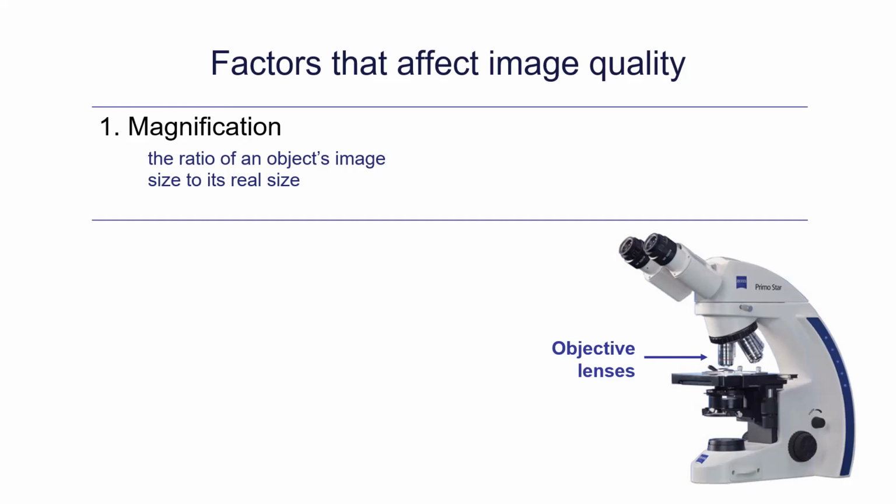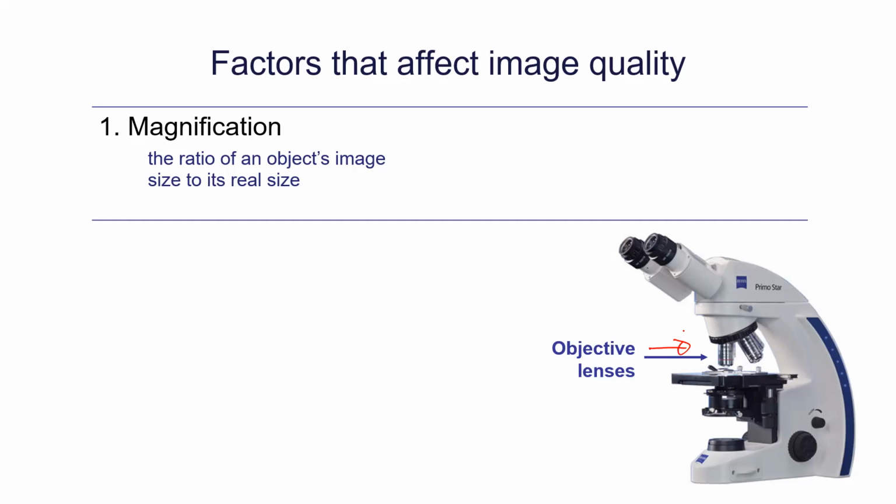So I want to talk about what's going on and take some of those principles and bring it to microscopy. So the first way we can improve an image is magnification. On our microscope, we have 4 objective lenses, right? They're down here shown in the picture, and the bigger ones usually mean you're zooming in more.